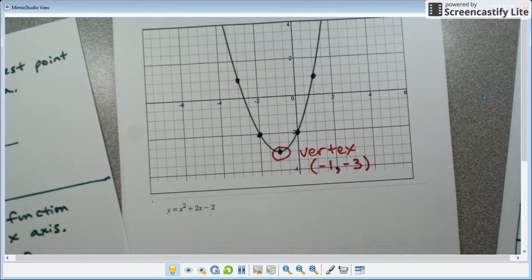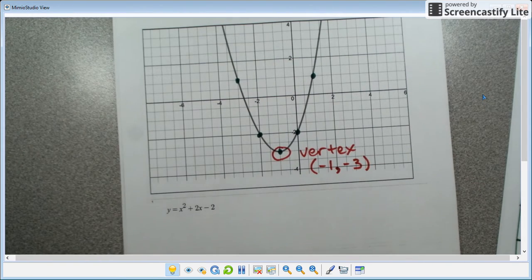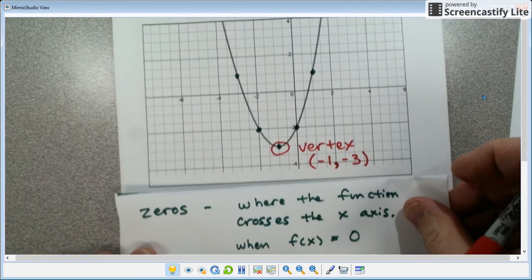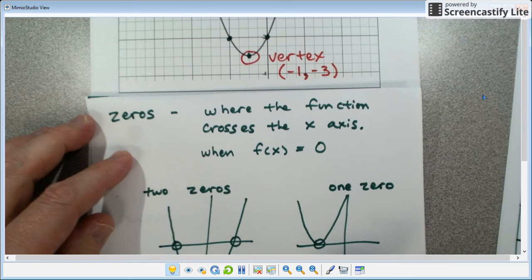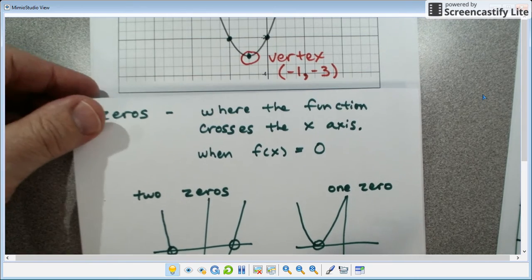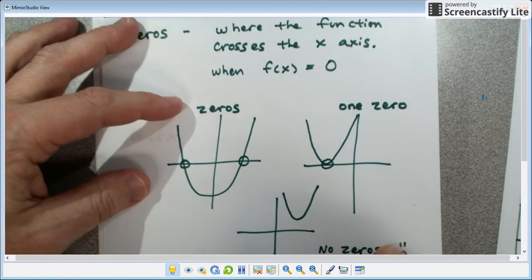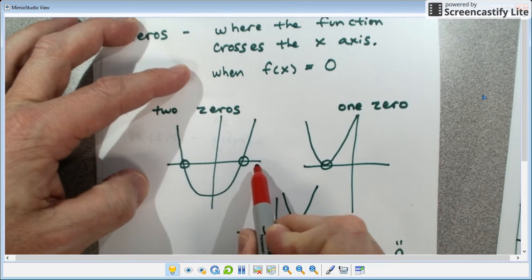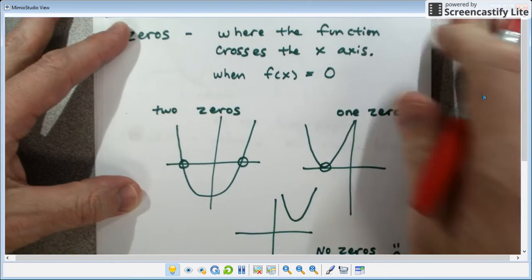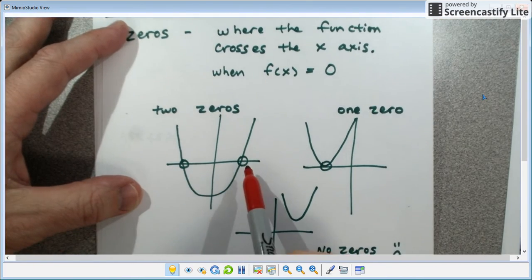The second thing we want to identify in a graph are the zeros. Zeros would be where the function crosses the x-axis, or where f of x is equal to 0. So we want to look at our parabola and look across the x-axis and figure out where it crosses those lines. We have 2 zeros in this parabola because it crosses the x-axis twice.